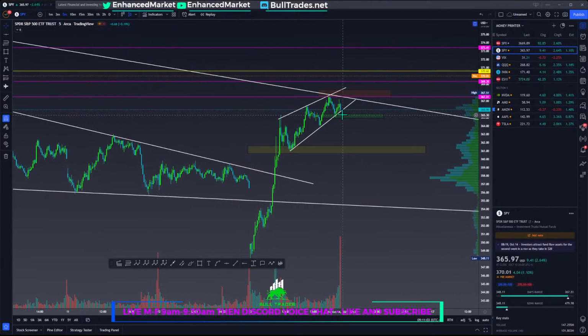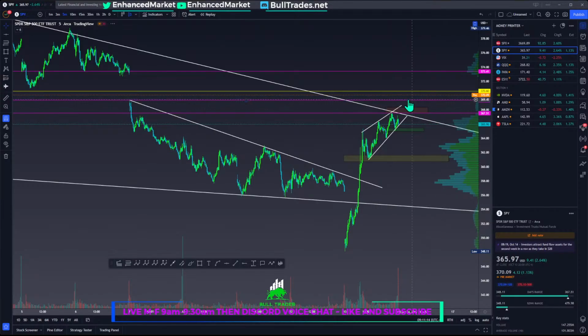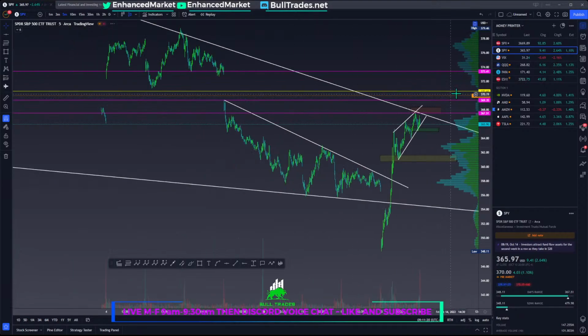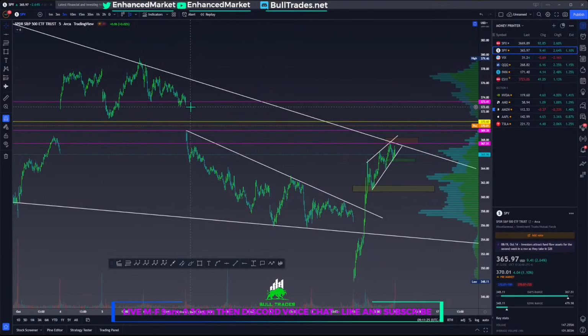I would have wanted to take an entry if we dropped below here. Stop loss would have been above here, and the price target always the bottom of the flag. But now that we're opening up here, we're testing this resistance. We already broke above 369.35. 370.6 is this next level I want to break. Then we have a little room to run here.